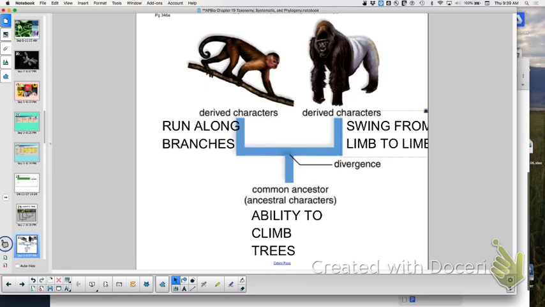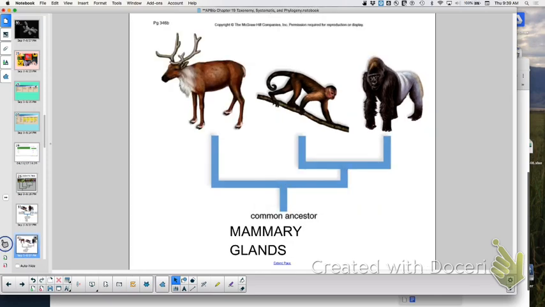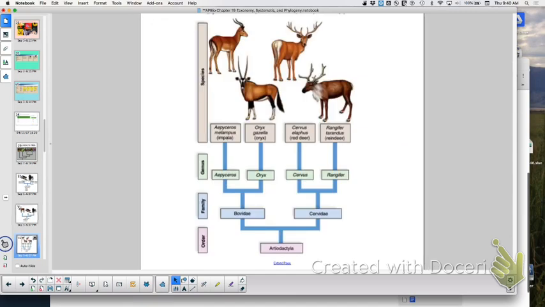If you're just comparing these two, that's their ancestral characteristic, but these like to run along the branches, and these like to swing from limb to limb. If we broaden it a little bit, what ancestral trait do they all share? Mammary glands. So we can keep broadening back on what your ancestral trait is in order to get this phylogeny.